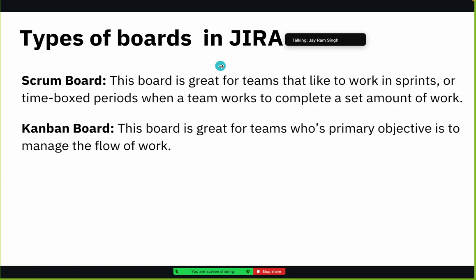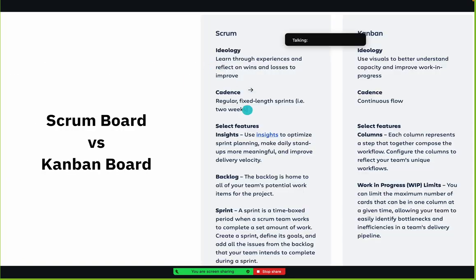We also talked about what Scrum and Kanban are. The ideology of Scrum is to learn through experience, and Kanban is visual, to better understand capacity and improve work in progress. Scrum has regular fixed-length sprints, while Kanban is a continuous flow. I think you know the meaning of fixed-length sprints, generally 2 to 3 weeks.